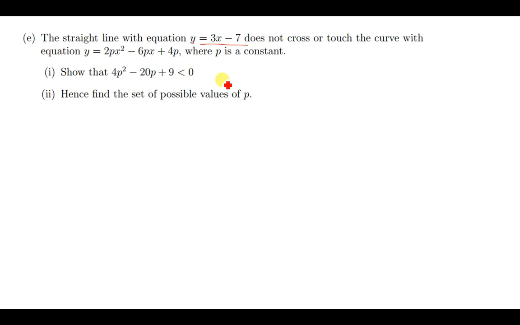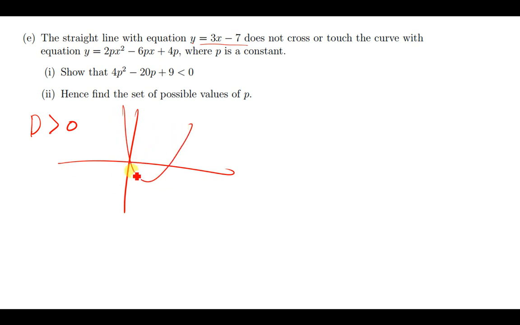I didn't talk about this, but let me talk about it. If an equation has two real different roots, the discriminant is greater than 0, and whenever the discriminant is greater than 0, when you sketch that quadratic equation it is going to meet the x-axis at two different points.